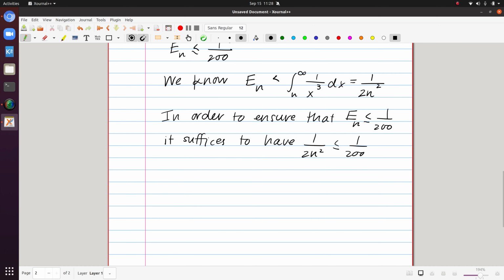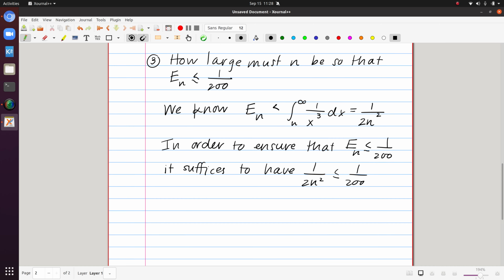So just to make sure that's clear, that's because I know that this inequality holds. What I'm stipulating here is, let's ensure that, in fact, 1 over 2n squared is bounded above by 1 over 200. Automatically, that means that E sub n is likewise bounded above by 1 over 200.